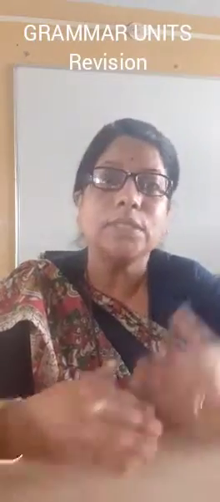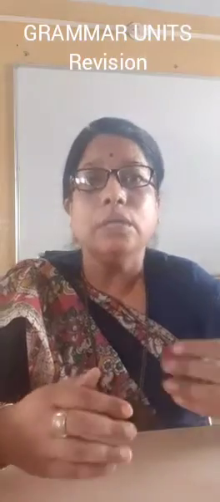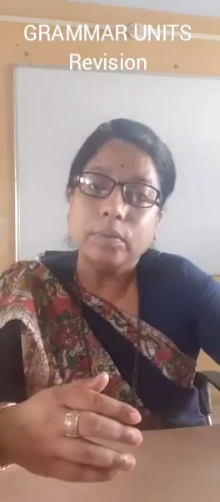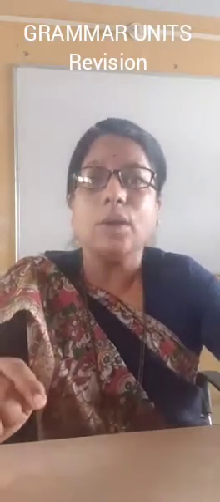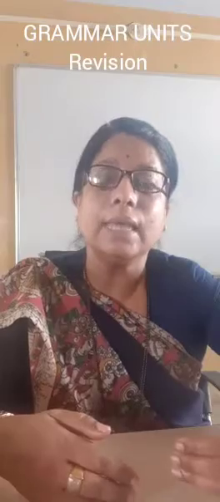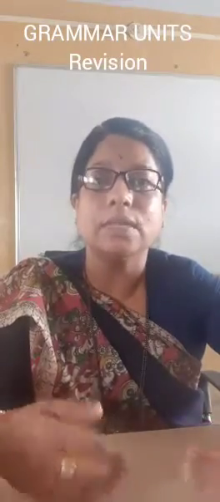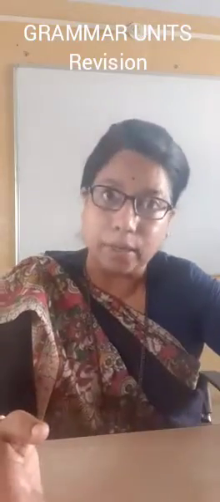No clause is depending upon the other one. So there is no main clause and no subordinate clause. All the clauses that are part of this multiple sentence are of equal status, they are equally important. All of them are main clauses, all of them are independent clauses.